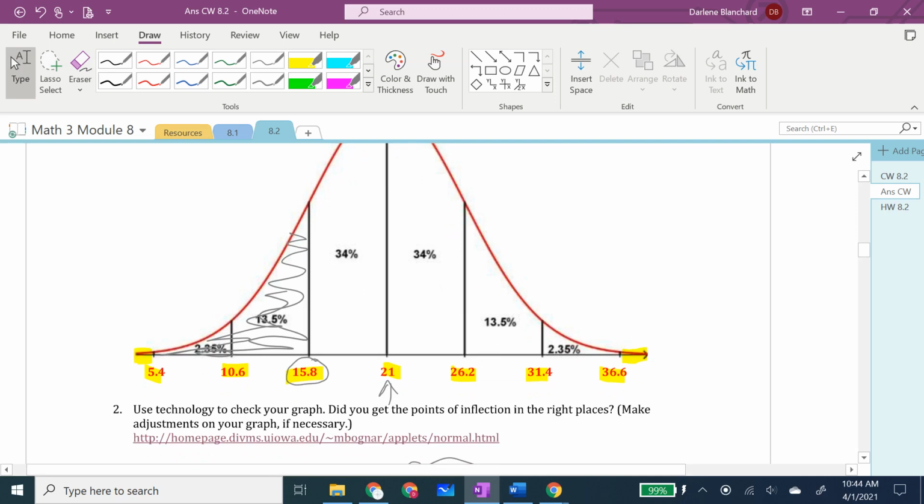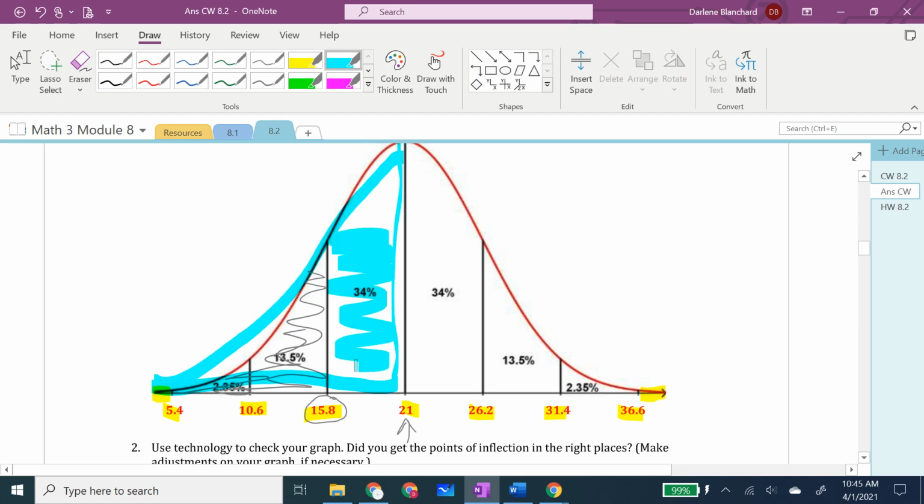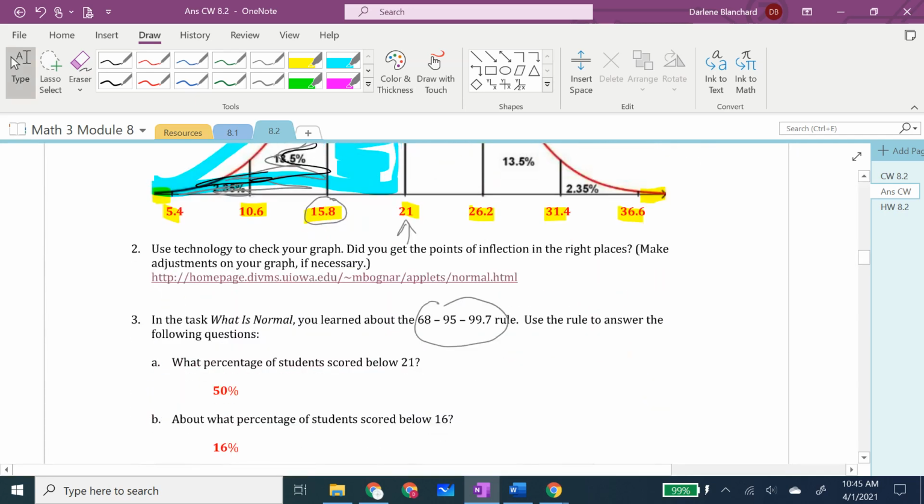You've got 50% under 21, and 34% is within one standard deviation away. So then you're looking at 50% minus 34% to get how many are more than one standard deviation under. And that happens to be 16%. And that is an approximation.